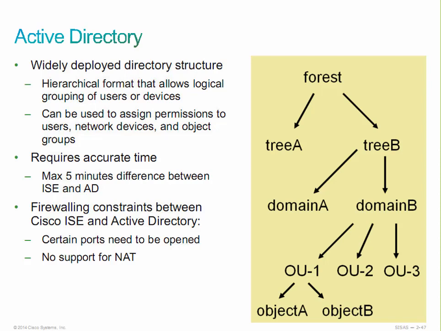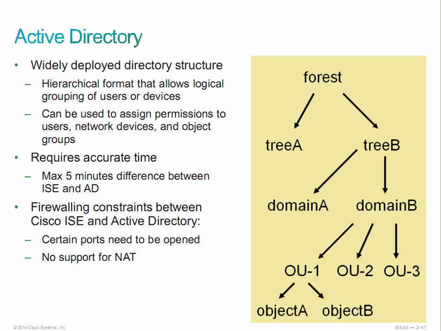The OUs themselves don't actually have a separate namespace, so user accounts with an identical username in different OUs within a domain aren't actually allowed. You couldn't have bob.cisco.com and bob.cisco.com, where you have maybe different domains, right?